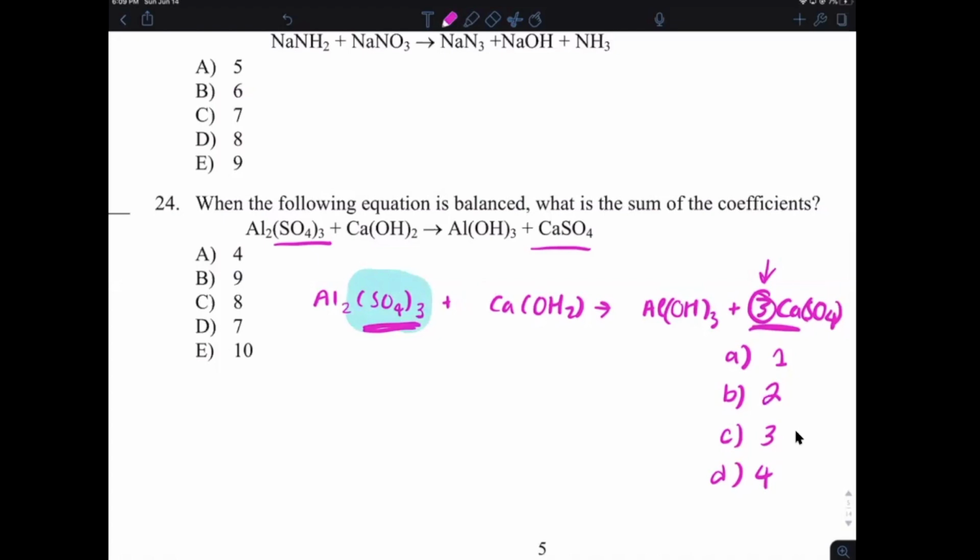So that's why there's a 3 in the front. And then the next step, we know we have 3 Ca on this side. So how many Ca do we need on this side? Another 3. So what goes in here? 3. Yeah, 3, perfect.